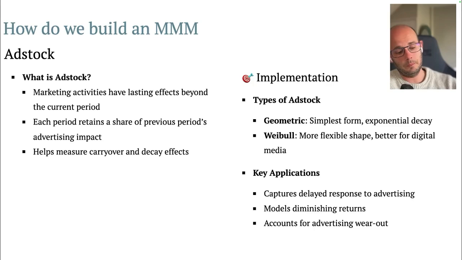So some media has long exposure times, other media has really short. And a very good example of short ad stock, or a very short lasting effect, is paid search. You usually don't remember the last paid search ad you saw. But when you're searching, there's a high degree of intent.